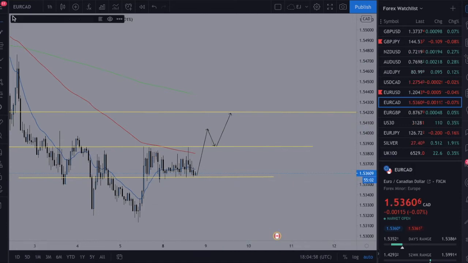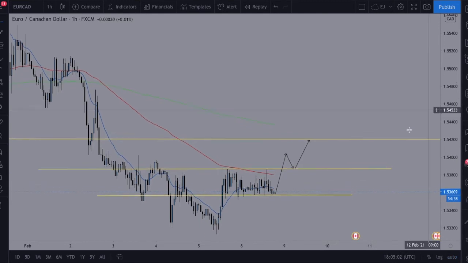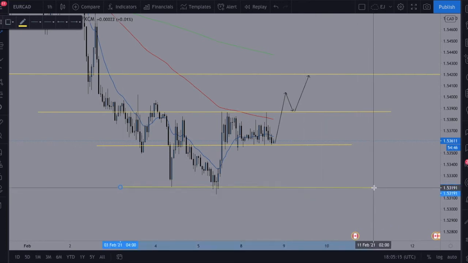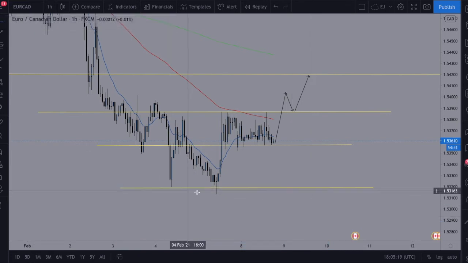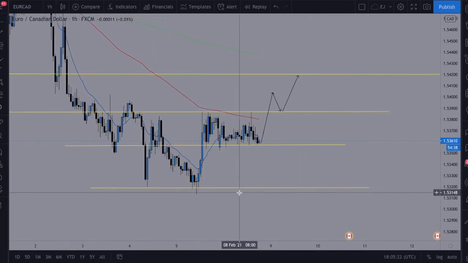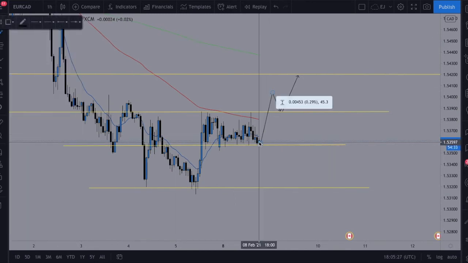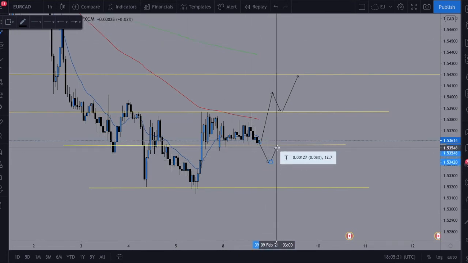If you want to do it on a support line, let me draw another support line. Potentially, yeah, I'd say here. We've had 1, 2, 3, 4 rejections from this line. If you're trading it the other way and want to wait for a break, you get a break, then retest.